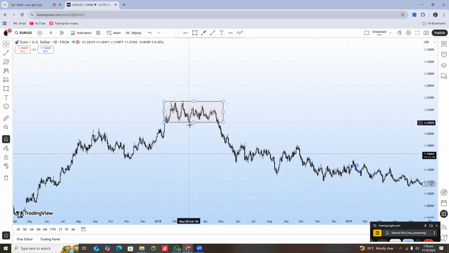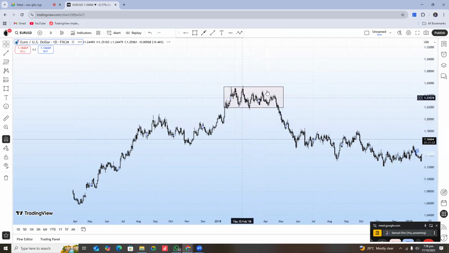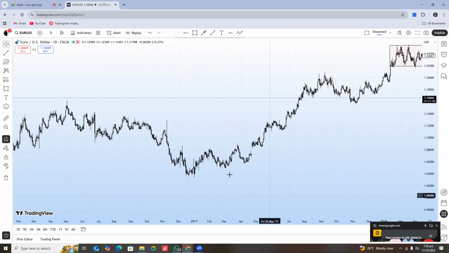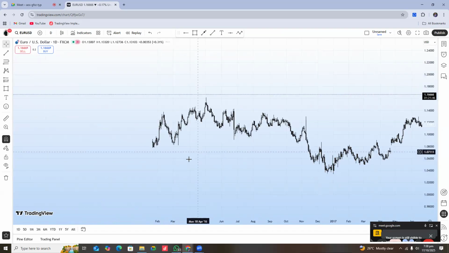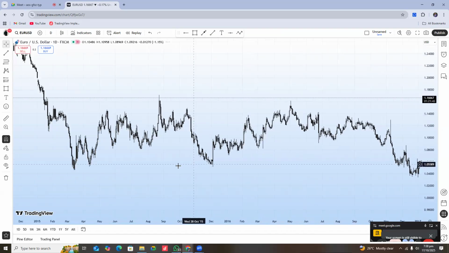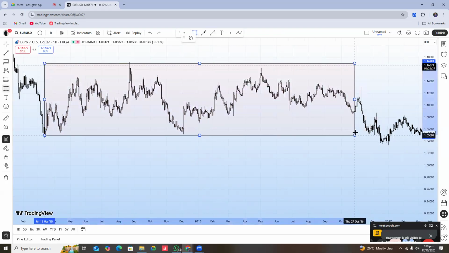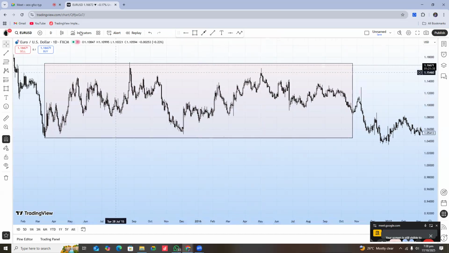So this part was trying to range a bit. Like I said, it doesn't normally form in the market, so it's kind of hard to identify. Even here, I think the same thing was happening. It was trying to range within this zone. We have the highs here and the lows here.